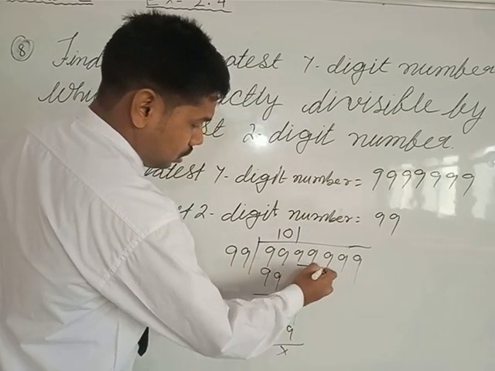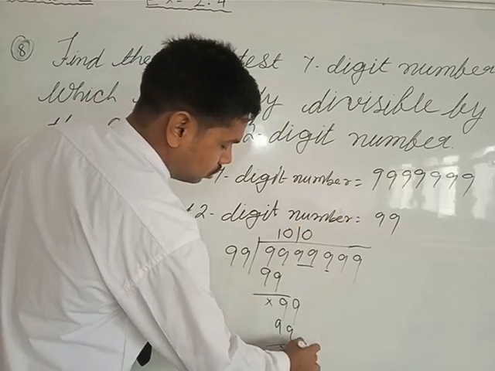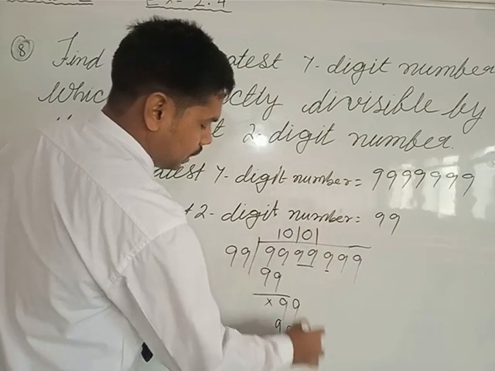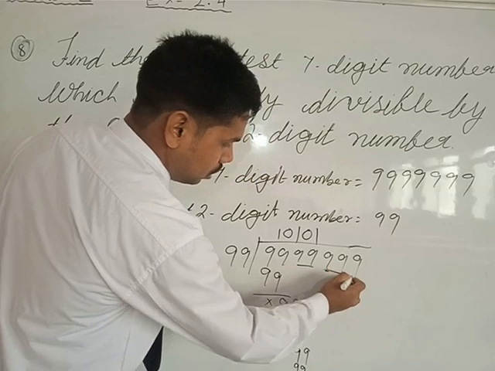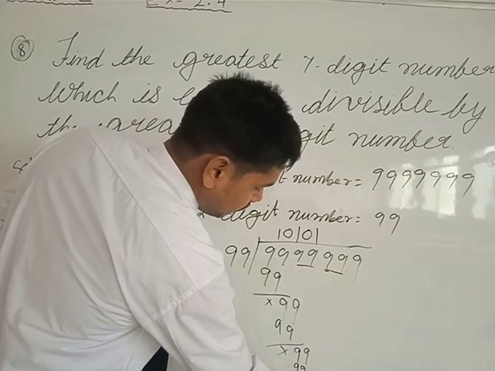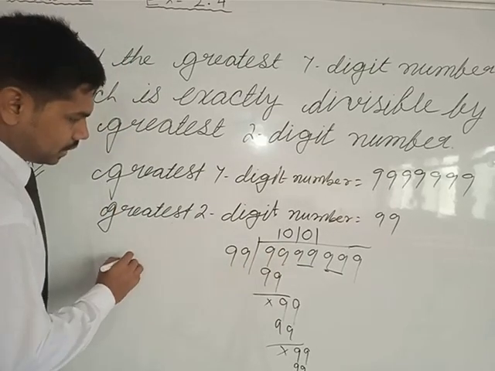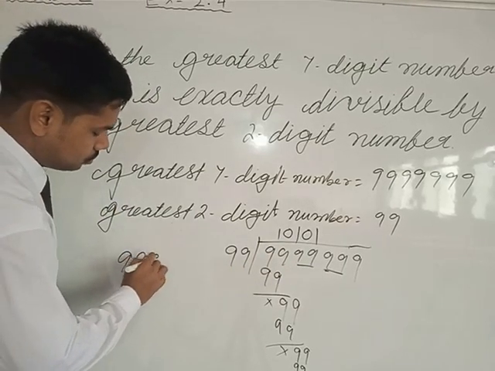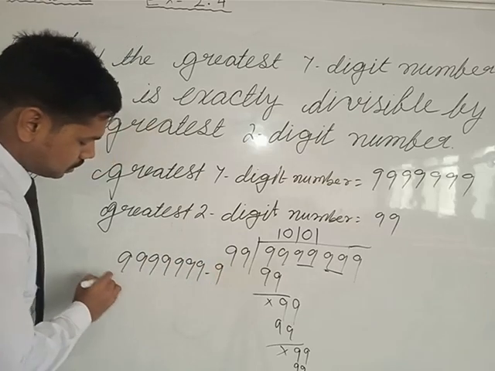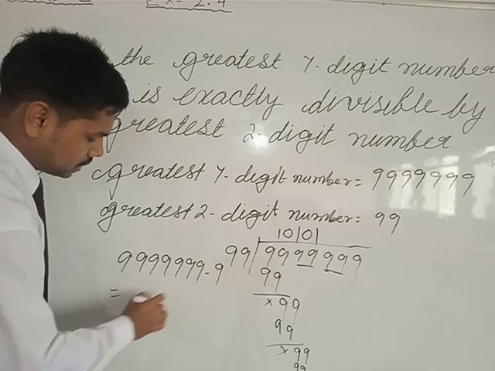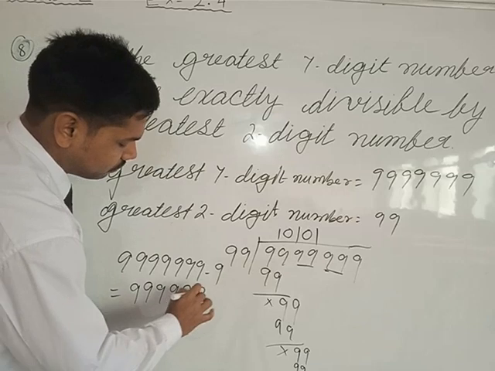Then again 99 ones are 99, gone. So these two are gone. The next one we will take, it is not going, again 0. So one more we add, again 99 ones are 99. So gone, these two gone, 9 is left. So 9 is the remainder. So 9 you have to subtract from this number. 9999999 minus 9 is equal to 9999990.